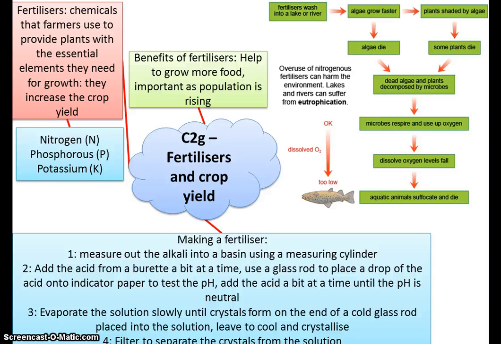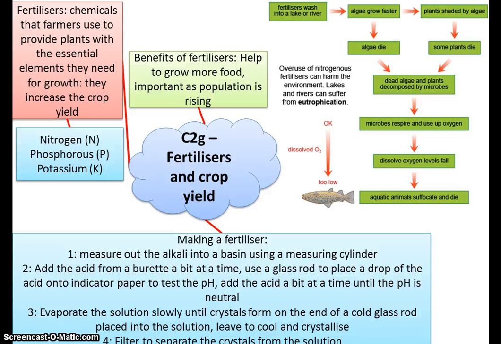Now the problem is, once you get a lot of algae, it creates a blanket at the top of the water, and it blocks the light from going into the water. Because of this, the plants underneath will start to die because they can't get the light, so they can't carry out photosynthesis and can't produce energy.